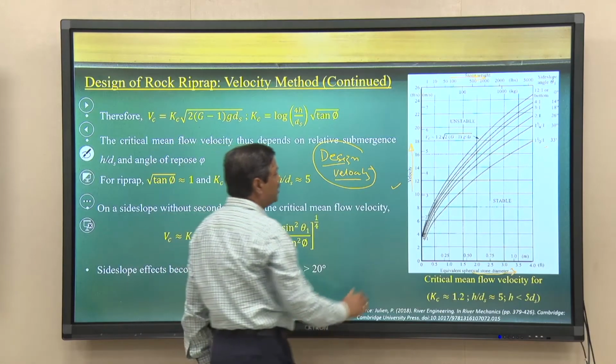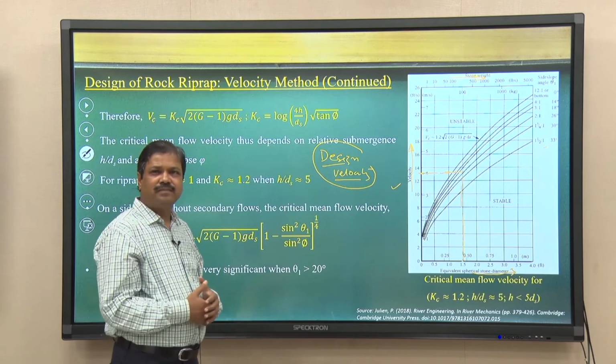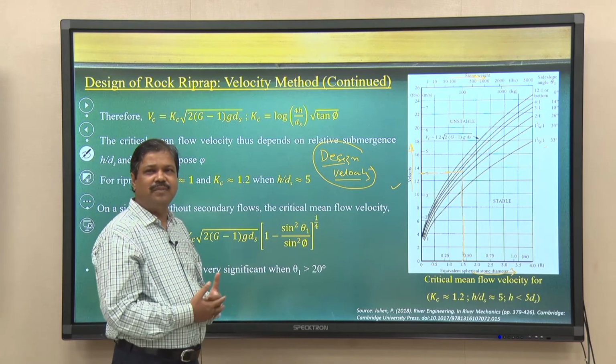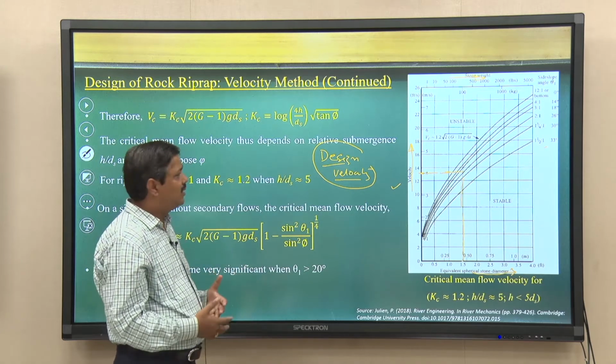For example, if I consider a design velocity of 4 and a 2:1 slope, the representative stone size comes close to 0.5 meter. That is the D50, or representative diameter, but we can have gradations.